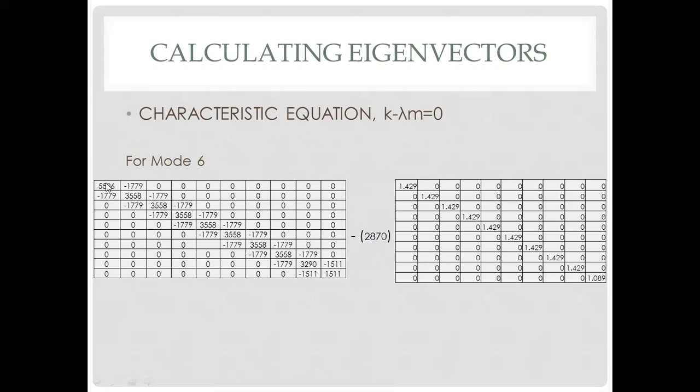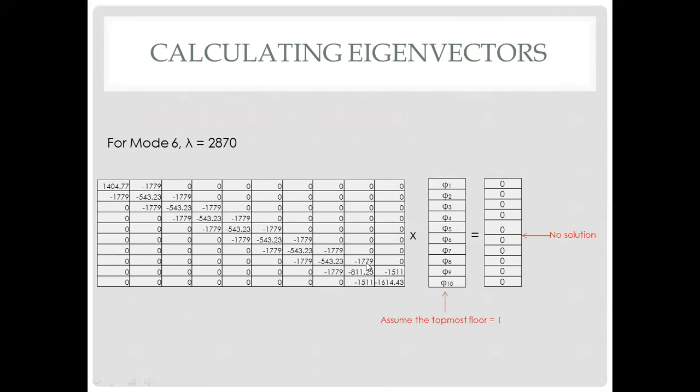So, this is the k, we subtract the eigenvalue times the mass, and this is the result. Next step, since these values are unknown and the equation is equal to 0, we will come up with no solution.